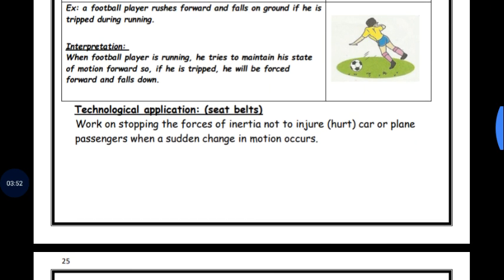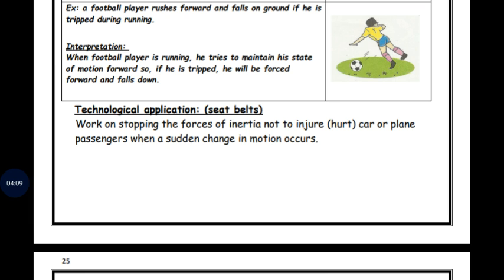Okay. The final example is the seatbelt. The seatbelt is used in cars and planes to force the passengers to maintain their state.